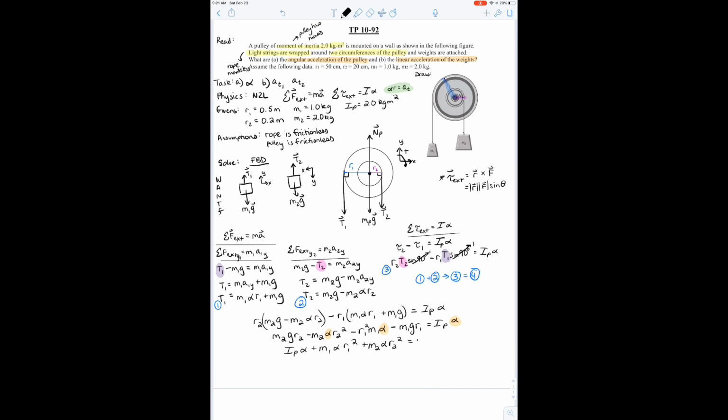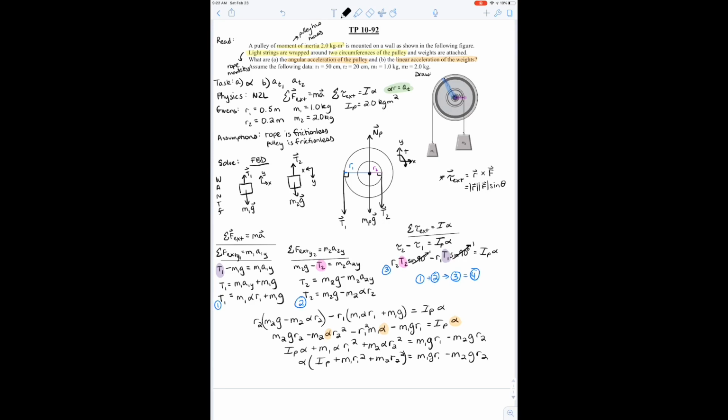All that's going to equal mass 1 times acceleration due to gravity r1 minus mass 2 acceleration due to gravity r2. Okay, so now I just factor out that angular acceleration, put everything else in big parentheses. Then we have this. I'm going to keep the same stuff on the right hand side and close my parentheses.